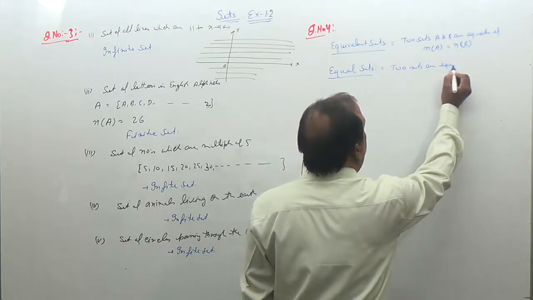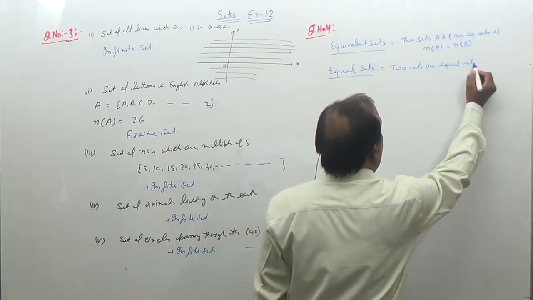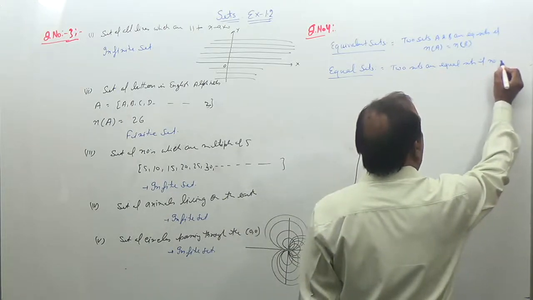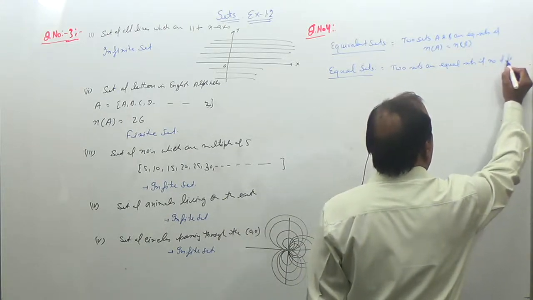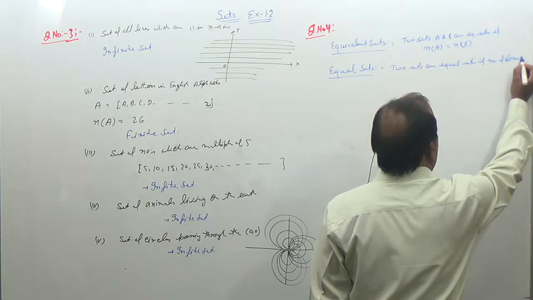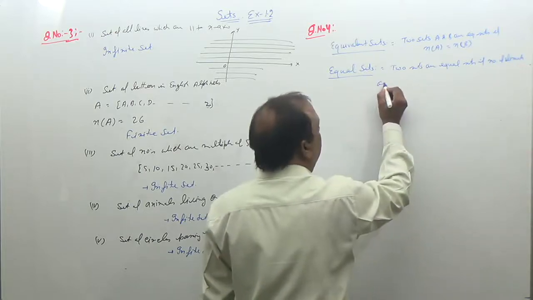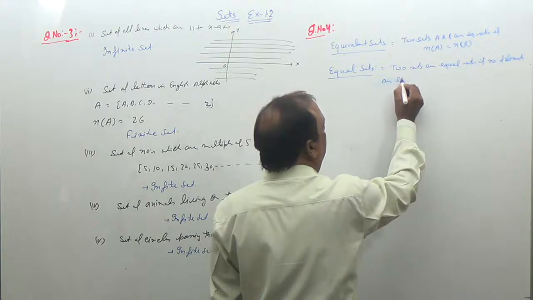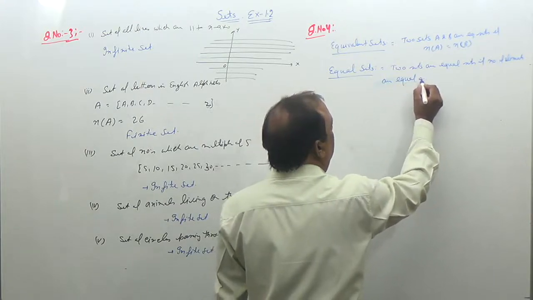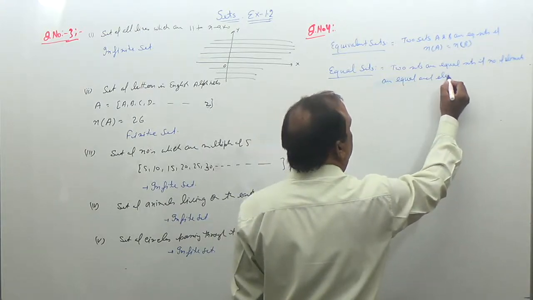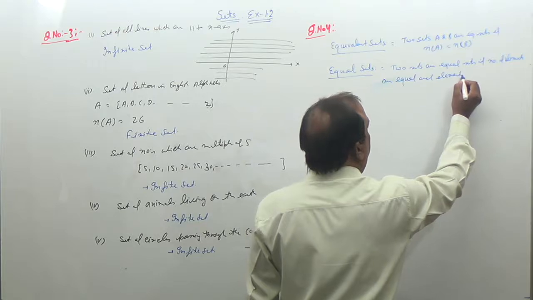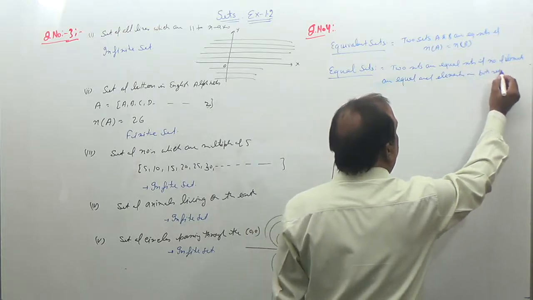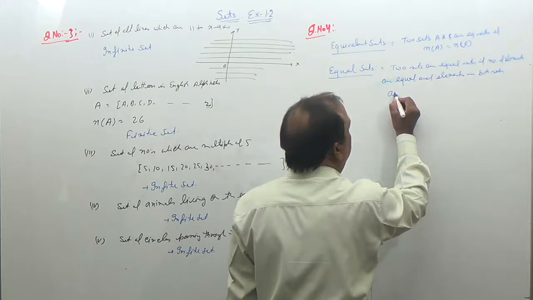But two sets are equal sets if the number of elements is equal and the elements in both sets are the same.